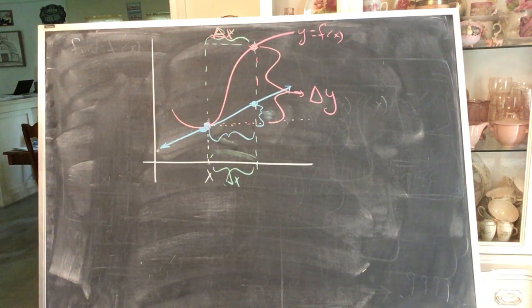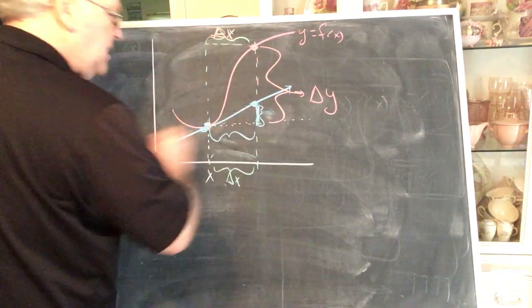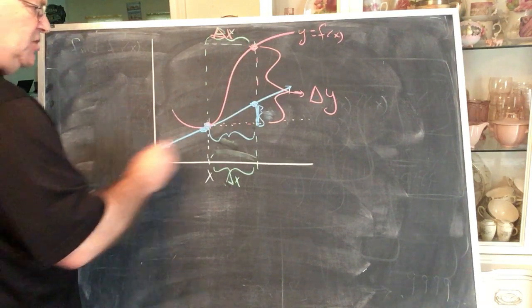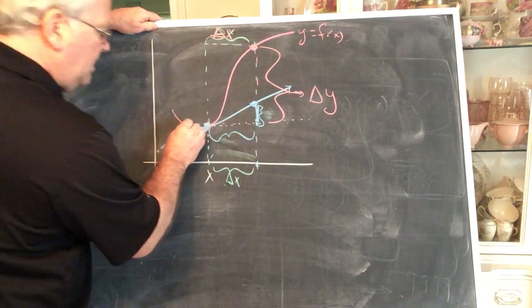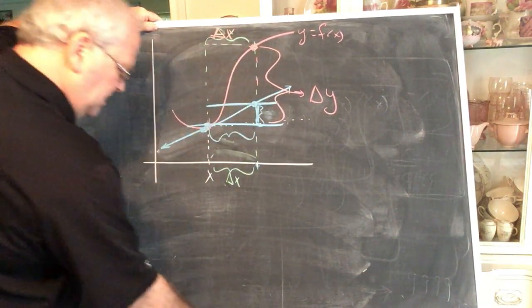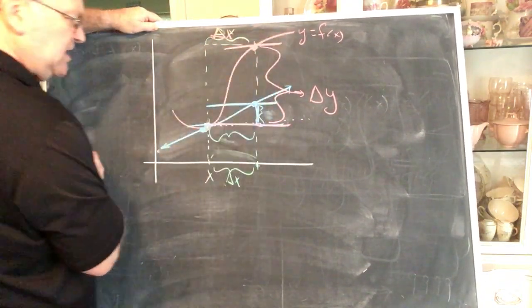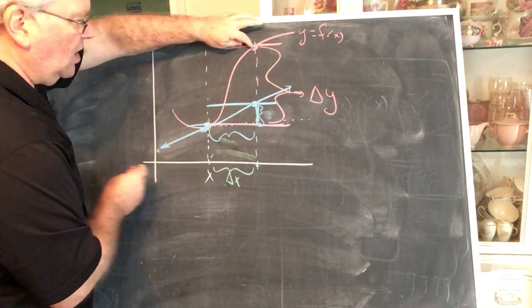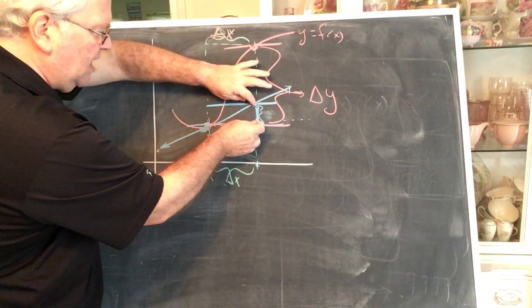Well, we have a little notational shift we want to have. Notice that this change, the change from this x value from this level to this level is different than the change from this point to this level to this level. On the red curve, the change in this case is much greater than the change on the blue line.